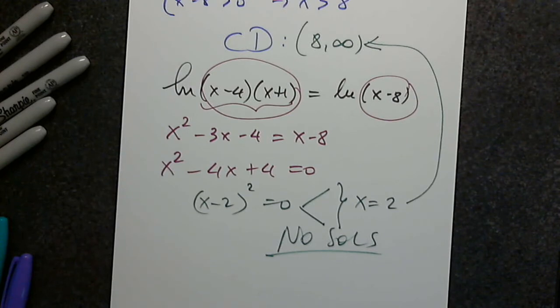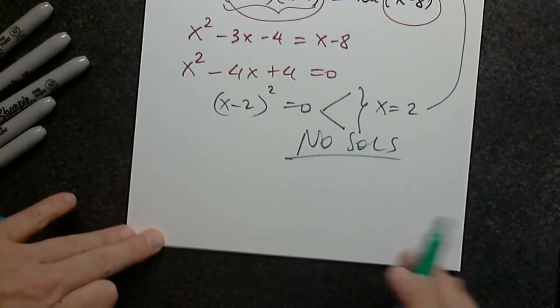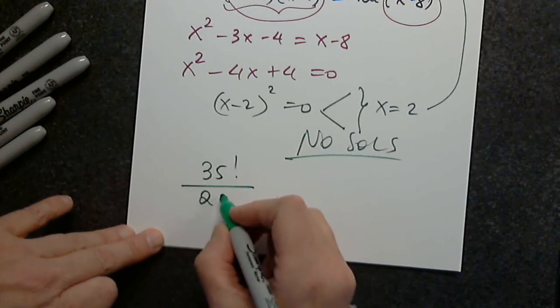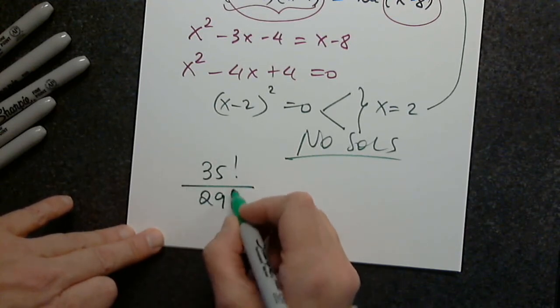And we'd like to look at some problems with factorials and the general term and the recursive formula. Ready for that? Okay, so let's suppose we want to simplify 35 factorial over 29 factorial.